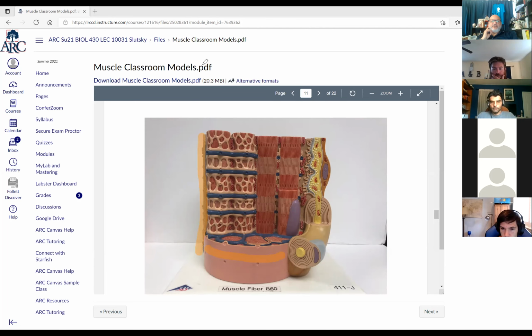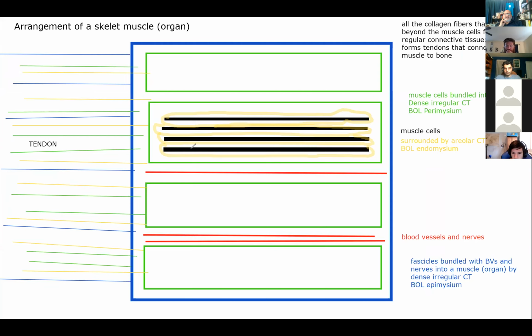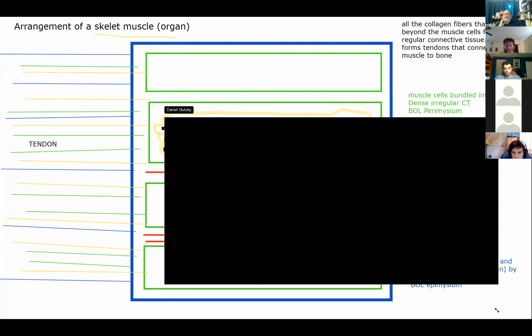And so while we've done a good job up to here of looking at the organization of a skeletal muscle, that organ, what we need to do next is grab one of these muscle cells and expand out this muscle cell and see what's going on inside of it. And so we're going to dig even deeper.